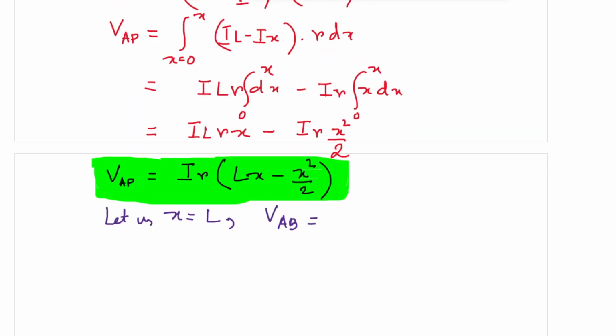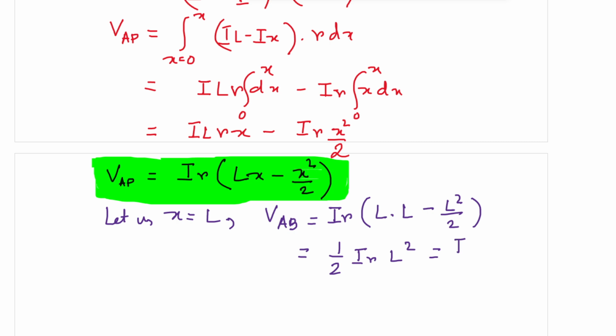So just put I into R, now L into L, where you put x equal to L, that is L square by 2. So it will be half I into R into L square.